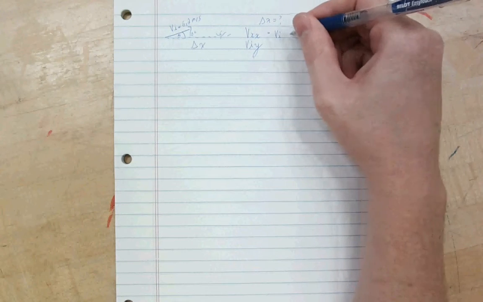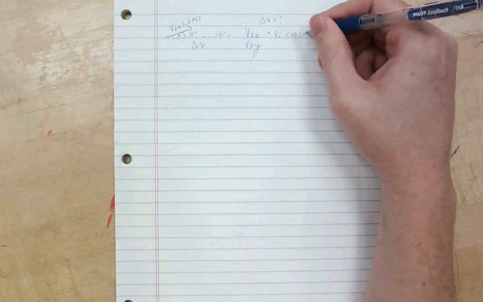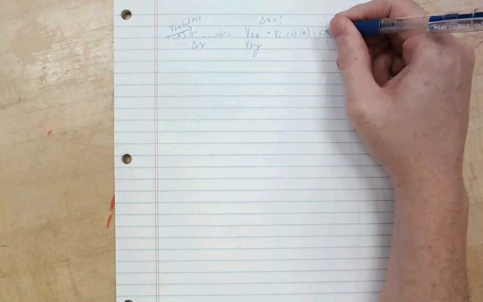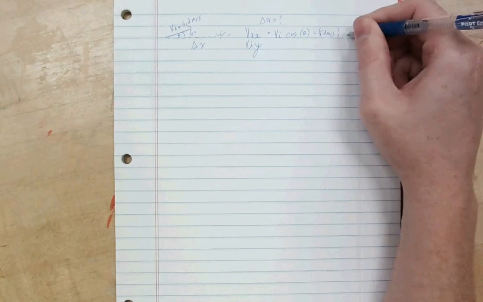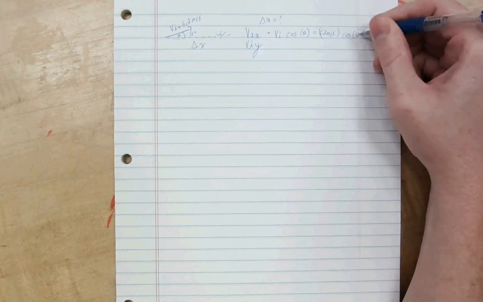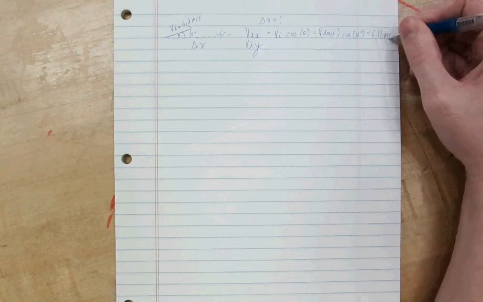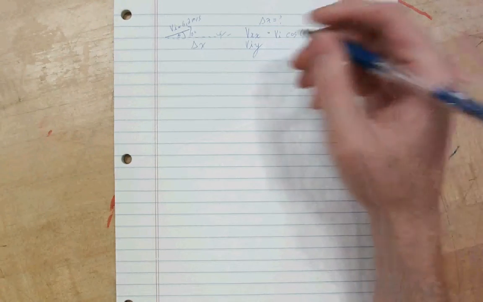In that case, Vix is the initial velocity times cosine of that angle, which is 6.2 meters per second times cosine 10 degrees. And if I do that out, it's 6.11 meters per second.